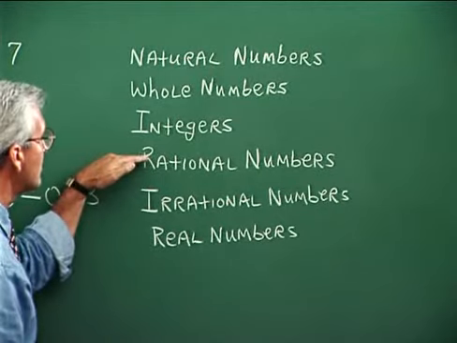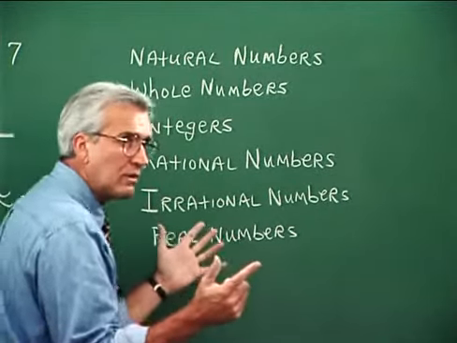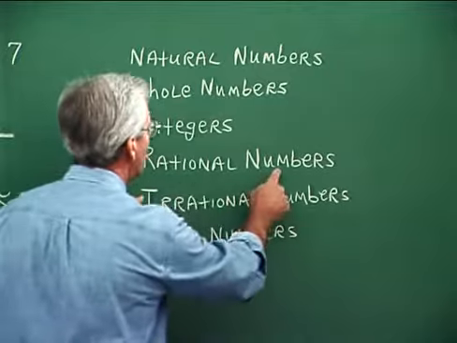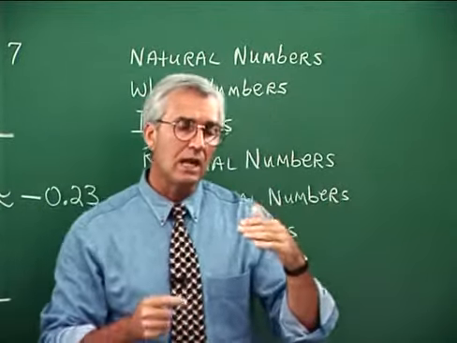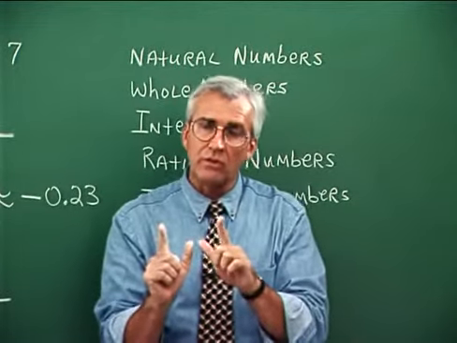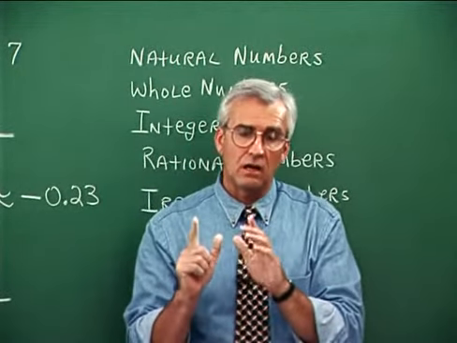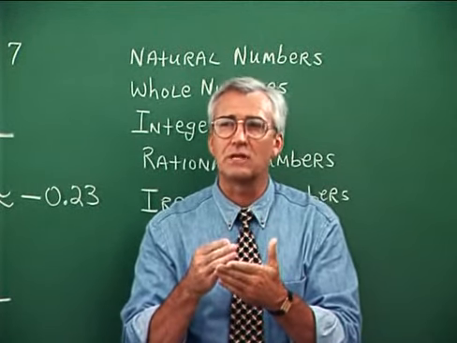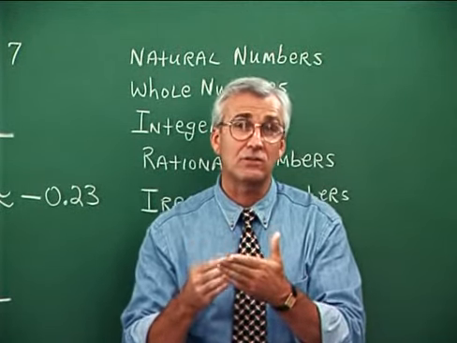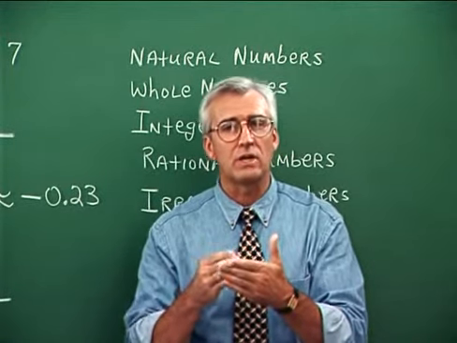Beyond the rational numbers, doesn't seem like there are any other kinds of numbers in the world, but remember, rational numbers were numbers that can be put into the form of a over b, and as decimals, those numbers turned out to be either decimals that have a last digit, or a repeating decimal.